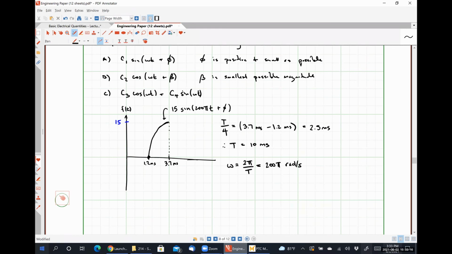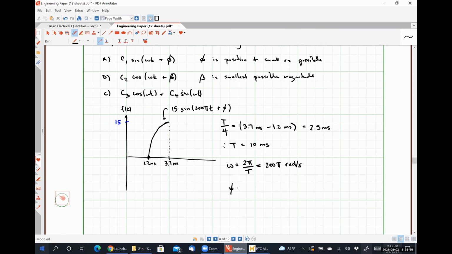So a sine function should be 0 and increasing at t is equal to 0. But instead, it's 0 and increasing at t is equal to 1.2 milliseconds. So our phase angle should actually be negative because it's happening at the later point in time.